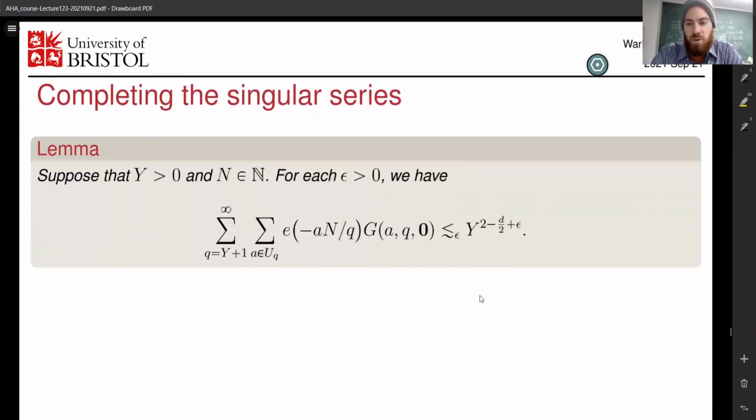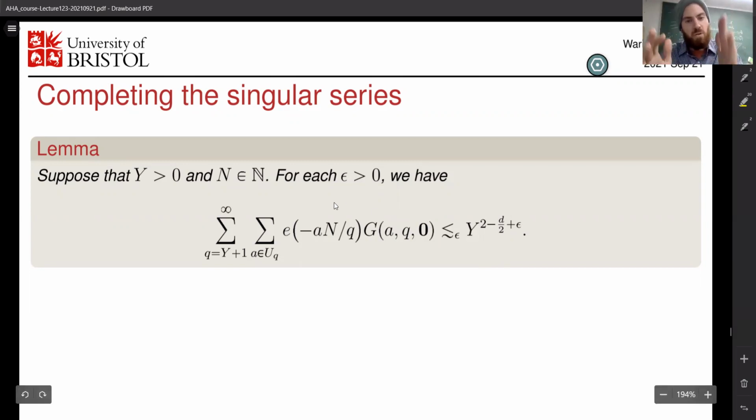Our last stage before we do any optimizations is completing the singular series. So we completed the singular integral, now we complete the singular series. And this is where I will actually use the Weyl bound that applies to Gauss sums. Remember, each g of aq, no matter what term is here, is bounded by roughly q to the minus d over 2, but with an epsilon loss, so q to the epsilon minus d over 2.